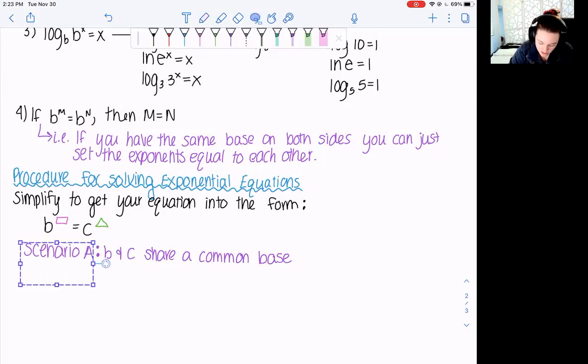In that situation, and I will talk about what common bases are in a moment, where b and c share a common base, you want to rewrite the exponentials so they are both the same base, and then set the exponents equal to one another.